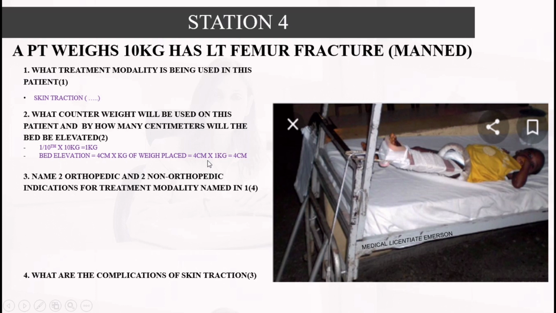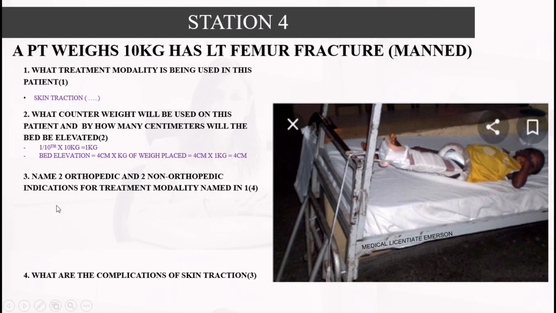So we are going to elevate the bed by 4 centimeters, since we do 4 centimeters for every kg of the weight placed.